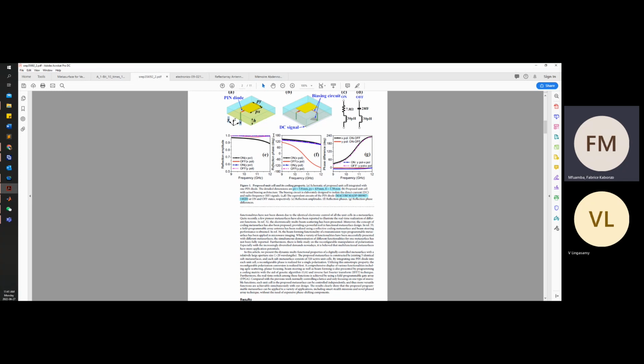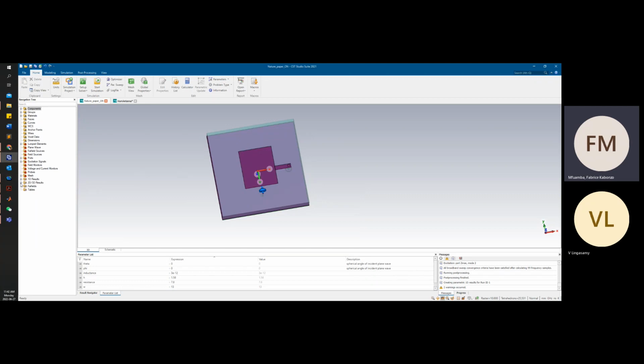They didn't give some information, but I tried to use an optimization method on the substrate width to see if I can find something similar. But actually, I did not really get similar information.